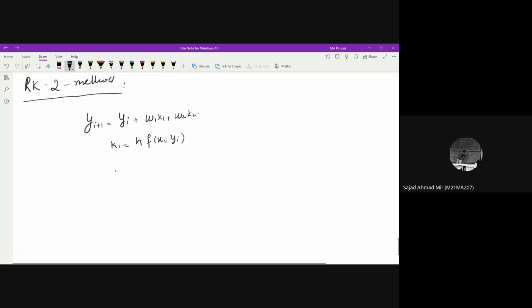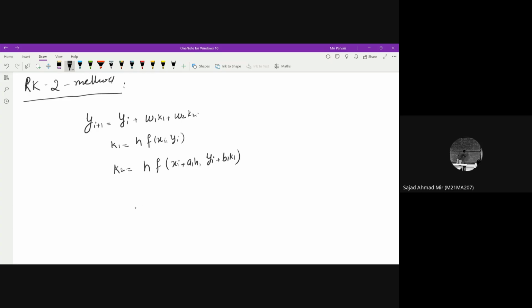K1 is this, and what is your k2? K2 is h times f of (x_i plus a1 h, y_i plus b1 k1).